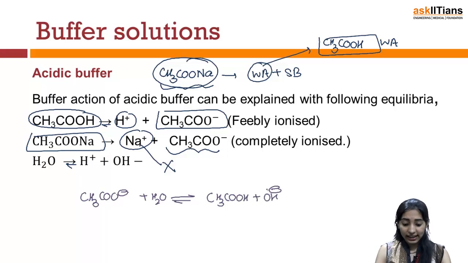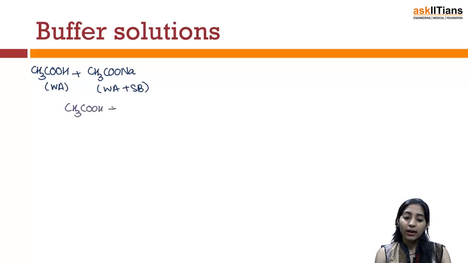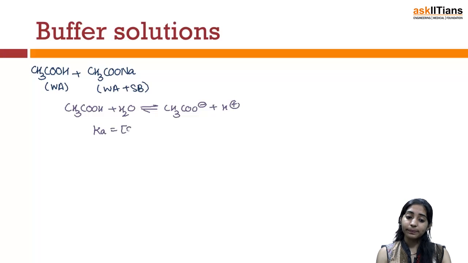And if I continue with the derivation, since CH3COOH on reacting with water occurs in equilibrium as CH3COO minus plus H positive, I can say that Ka will be CH3COO minus times H positive divided by CH3COOH.